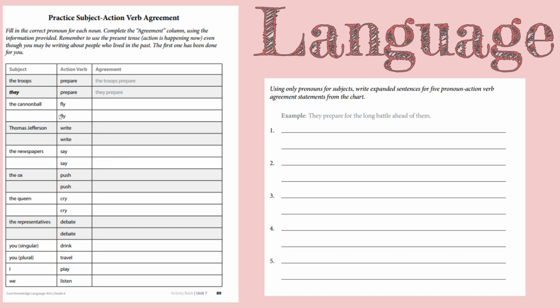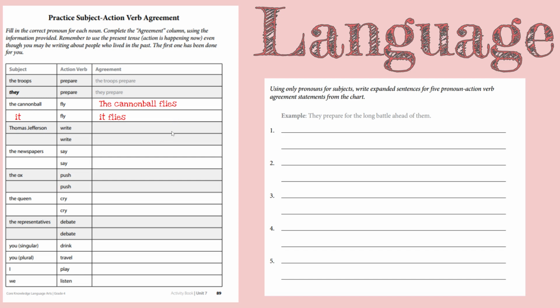The cannonball fly. Well, that has that Y, so I'm going to change it to an I and add ES. The cannonball flies. The cannonball is singular, so it's going to be the pronoun it. And then I still have to keep my singular verb, so it's it flies.